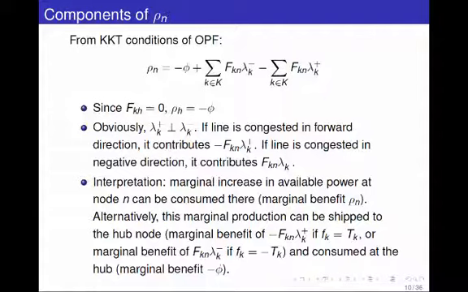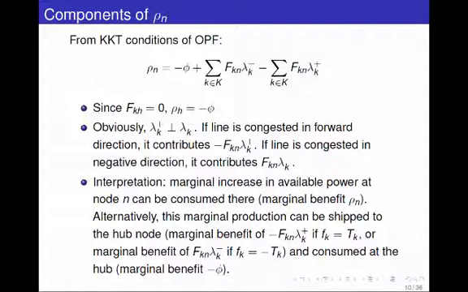Well, if you give me free power at node 1, I could do two things with it. I can either consume it here, and rho 1 will give me exactly how much increased benefit I get from that. Or I can ship it for consumption to the hub node.